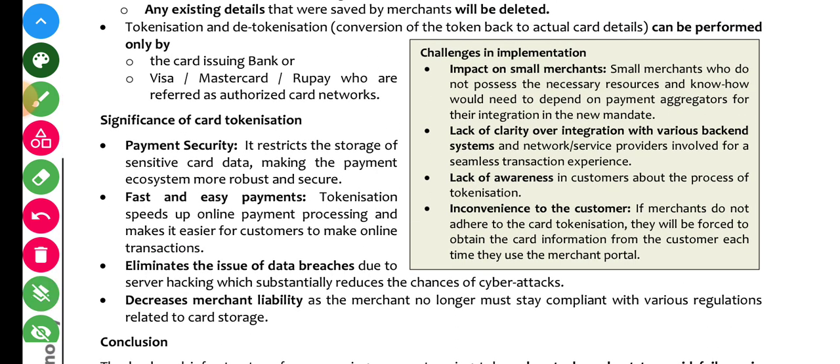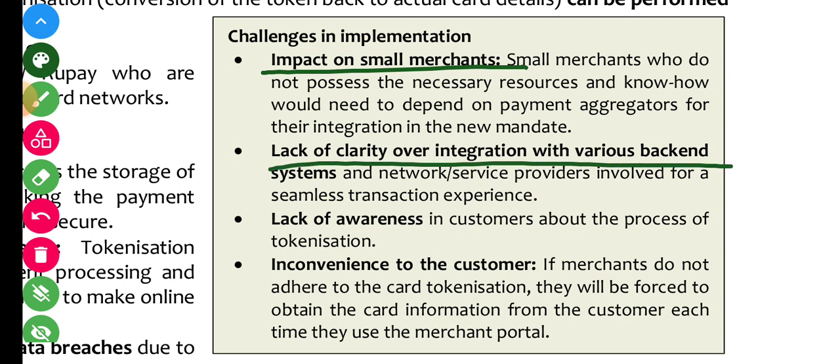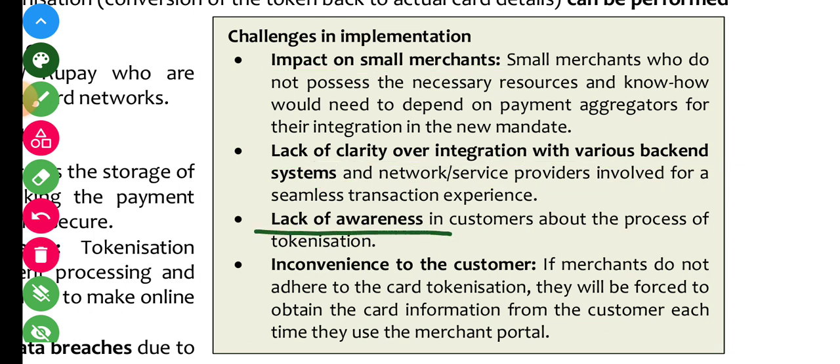What are the challenges in implementation? Impact on small merchants; lack of clarity over integration with various back-end systems and network or service providers involved for a seamless transaction experience; lack of awareness among customers about the process of tokenization; inconvenience to the customer.